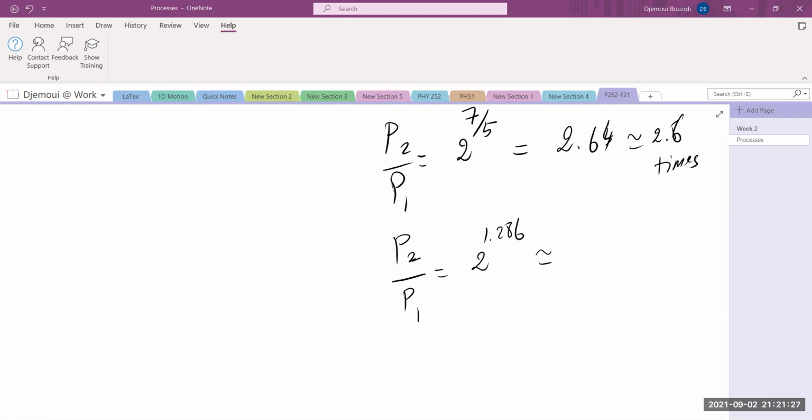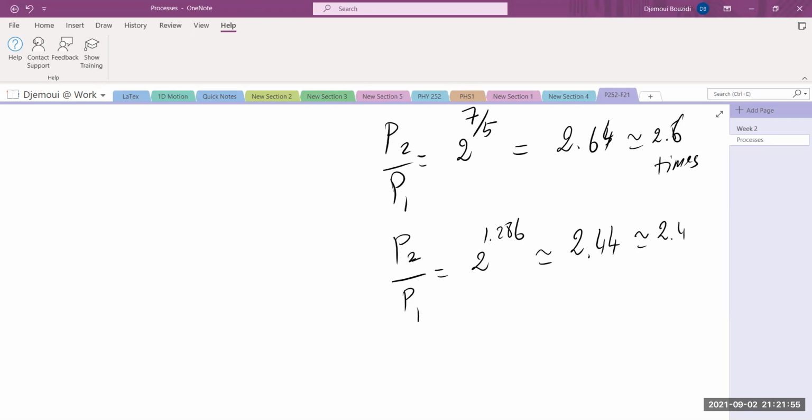If we do 1.286, it's 2.4385. Okay, roughly 2.4. It's actually a little bit more. So you see, they go up, but then the difference started to change. It's not as clear as before, okay?